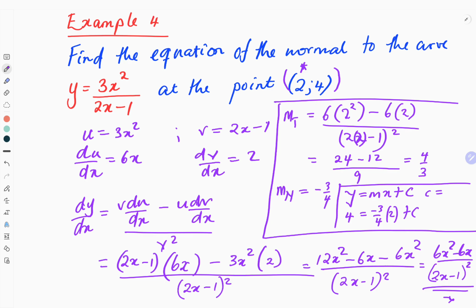Let me just use a calculator for that. So 4 minus 3 over 2 gives us about 2.5, which is 5 over 2. So our c is 5 over 2.